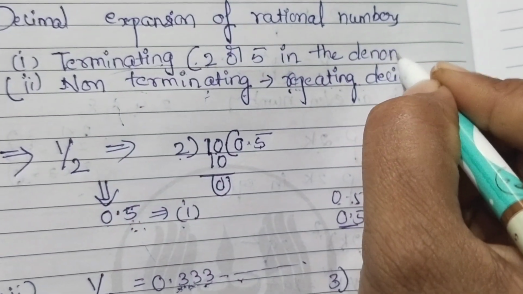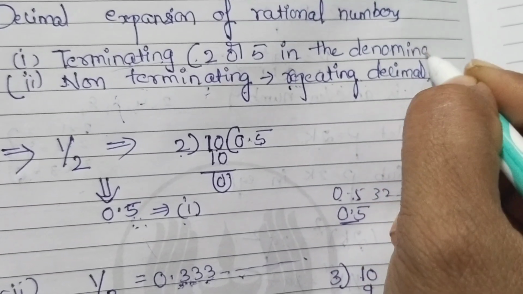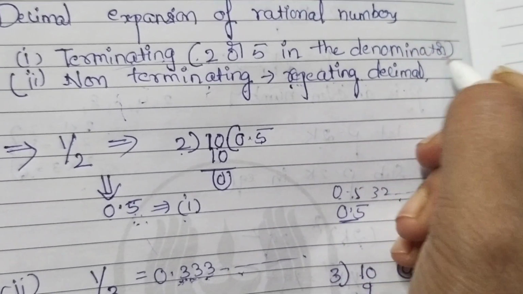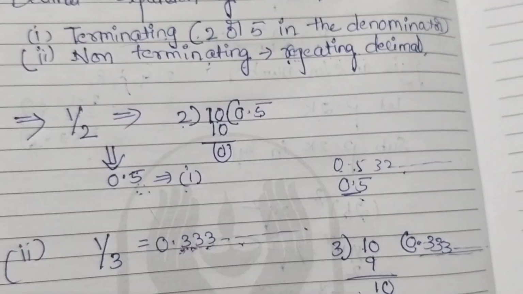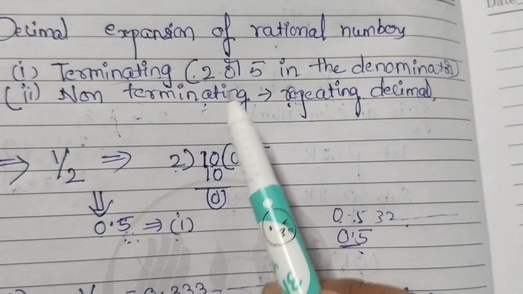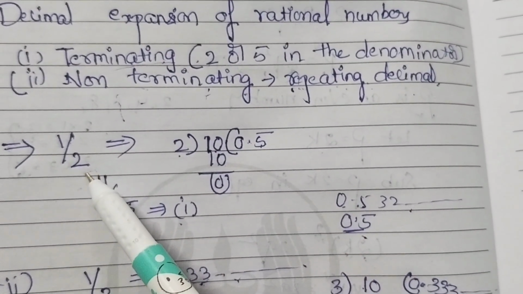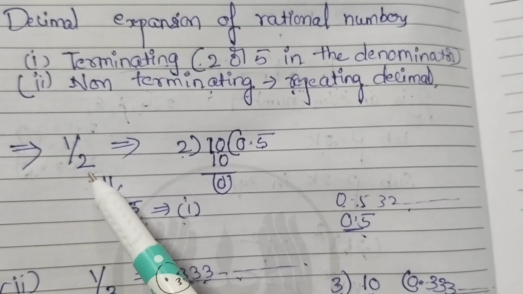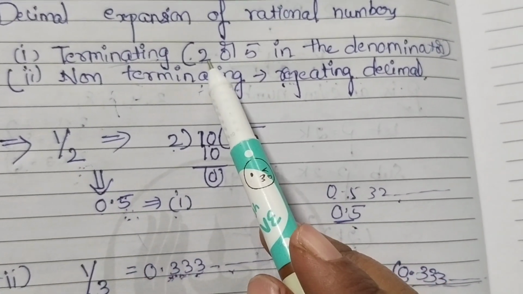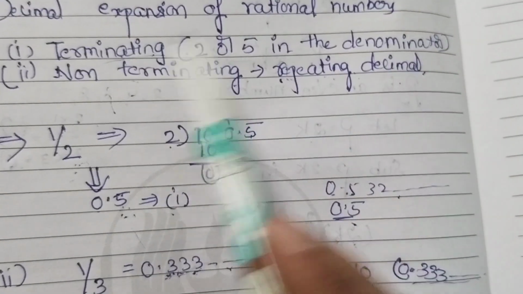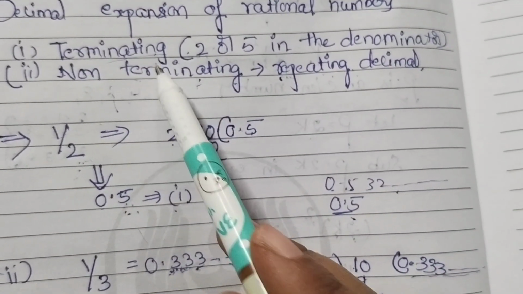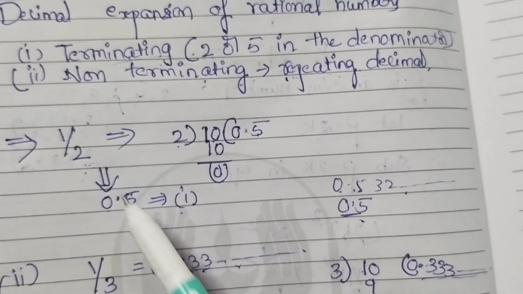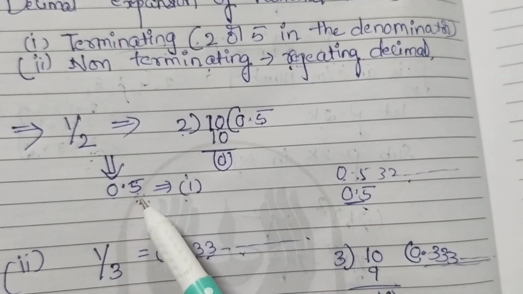Okay, you can directly tell the answer without doing this division just by seeing the number in the denominator. See, my first example is 1 by 2, right? What are we having? 2 in the denominator, right? Either we should have only 2 or 5 in the denominator for a terminating decimal. Here we are having 2 and the answer is a terminating decimal, right?